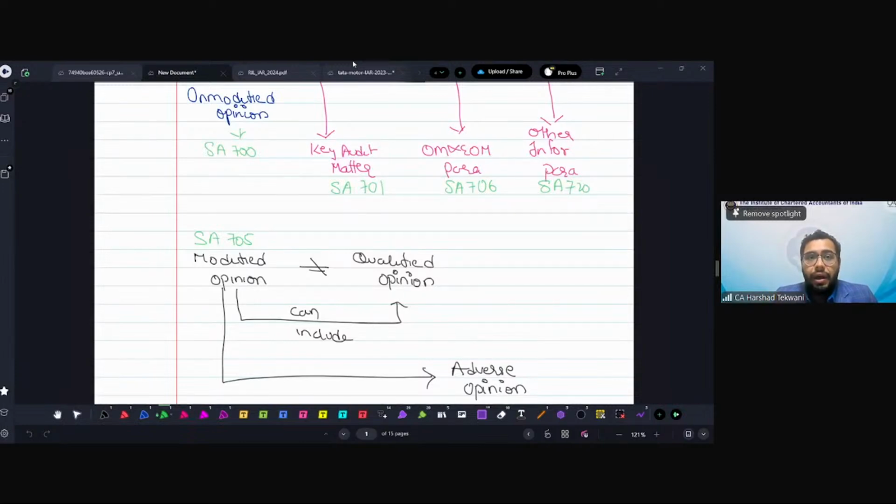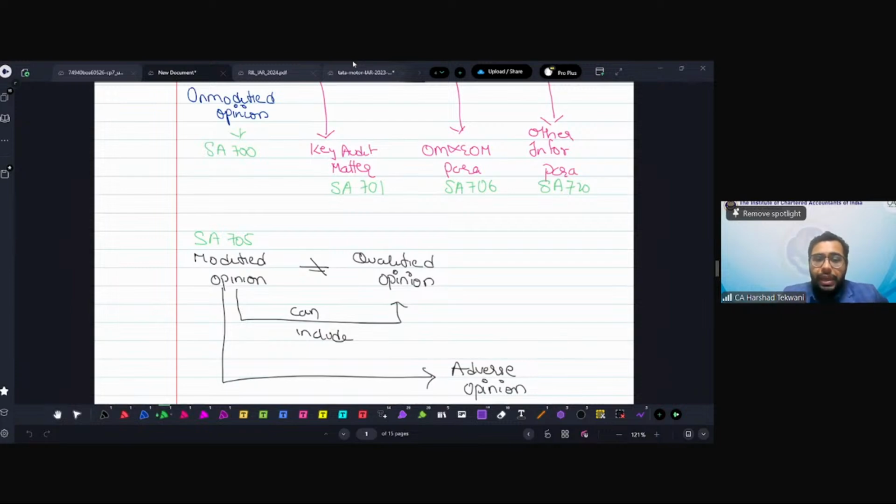When we see the modified opinions with SA 705, at that time we will also discuss different kinds of opinions. So do not take modified opinion as equal to qualified opinion. No, it can be an adverse opinion, it can be a qualified opinion, and it can be a disclaimer of opinion also.